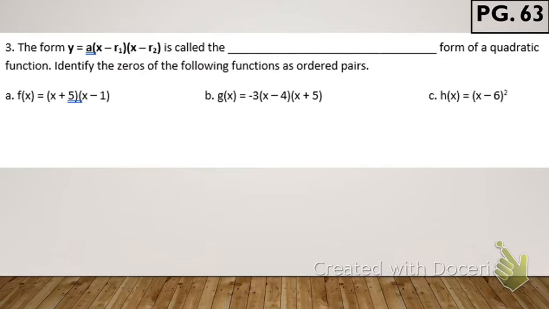What did I just call this form again? Factored form. That is our factored form. We're going to identify the zeros of the function. Give me those synonyms one more time.